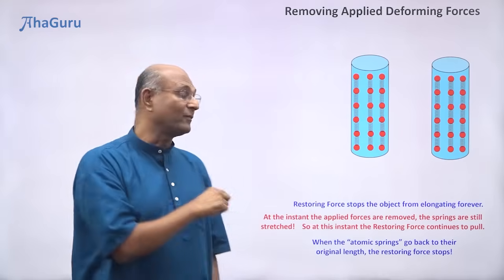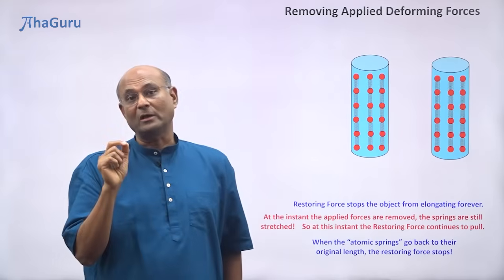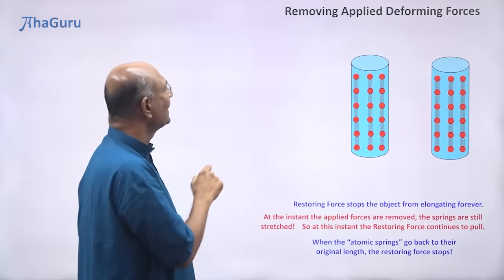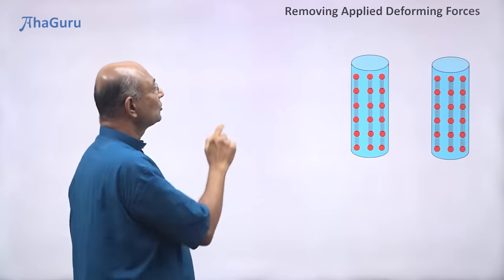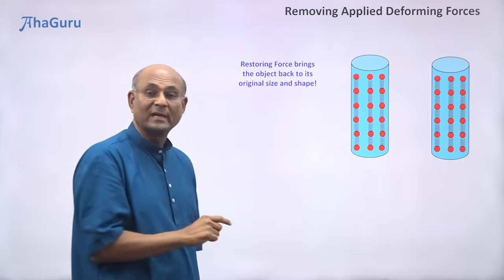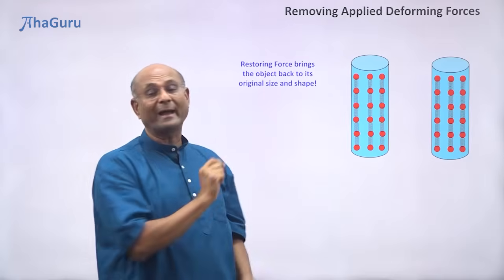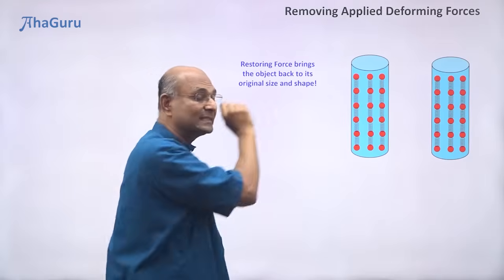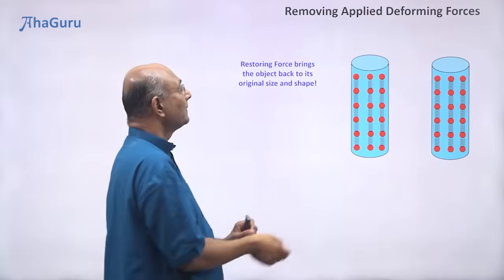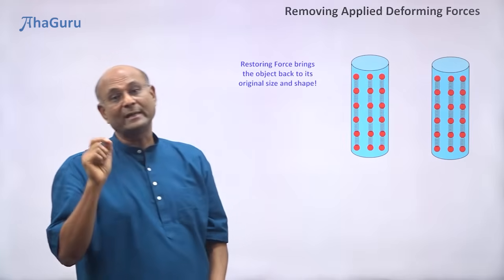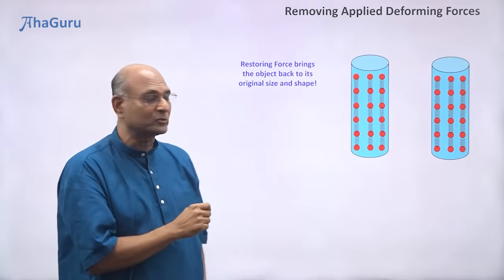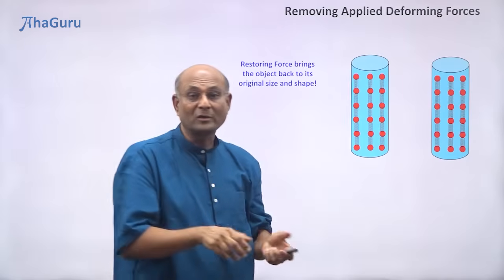Notice it was the restoring forces that brought it back to the original configuration. Let us understand this carefully. Restoring force is the reason the object comes back to its original size and shape, original configuration. Because the moment you remove the external deforming forces, the restoring forces don't suddenly vanish.